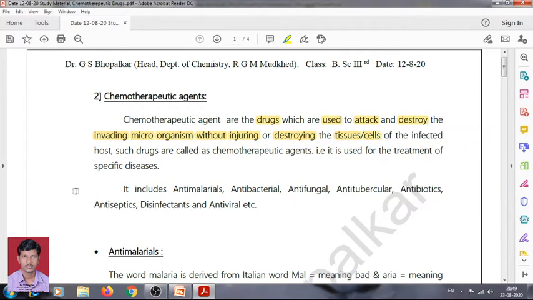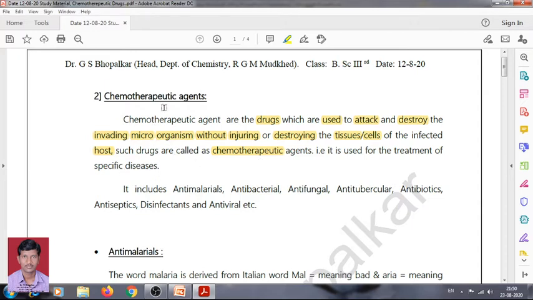Means they can attack or destroy the infected microorganism, but they do not injure the host cells or host tissue. Such drugs are called chemotherapeutic drugs. And these are used against a specific disease.